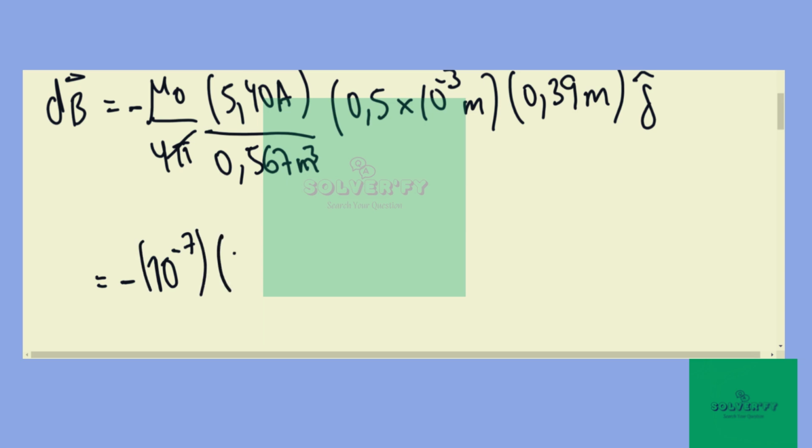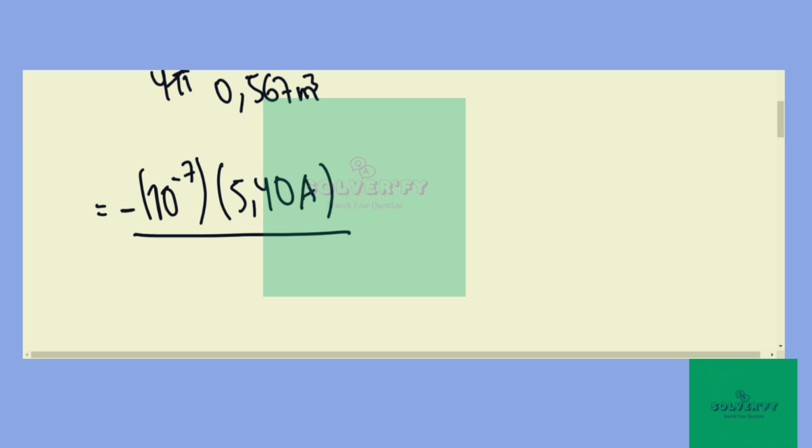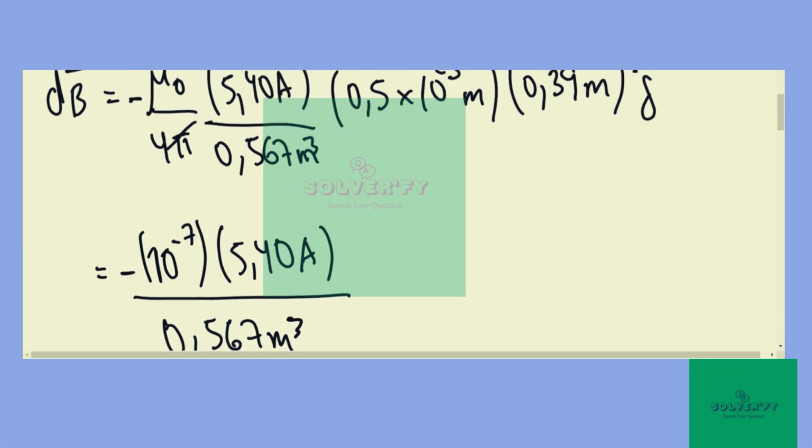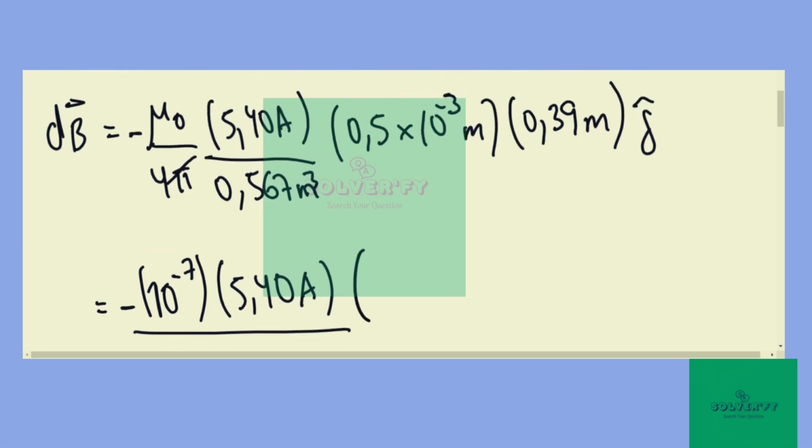Okay, and we will have the other terms. So we'll have 5.40 amperes over 0.567 meters cube, and we will have that product too.